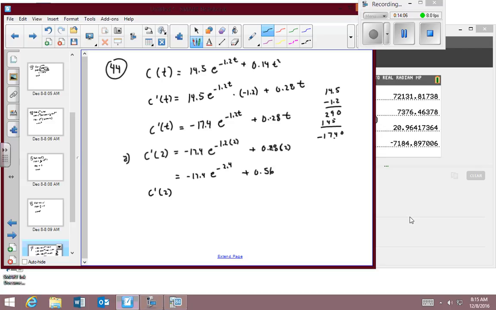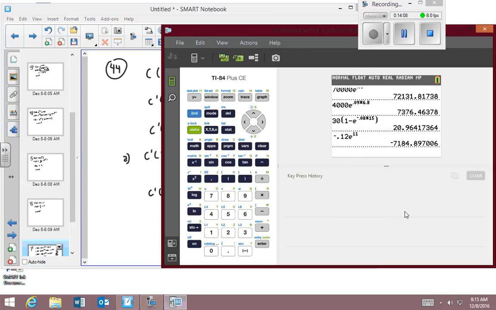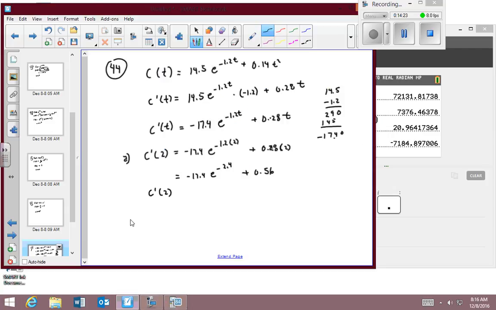So, what the number is? 17 point, what is it? 4 e to the negative 2.5.